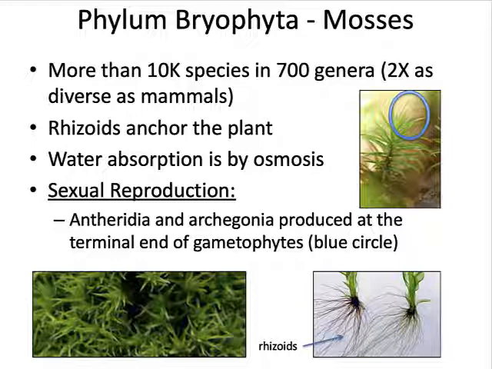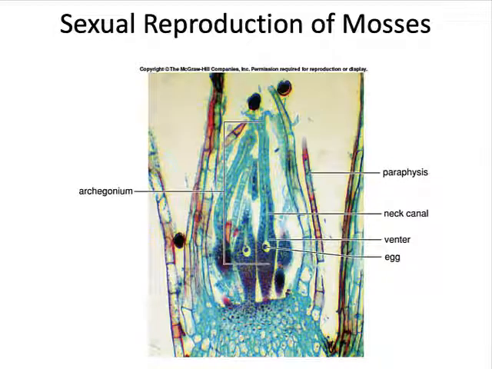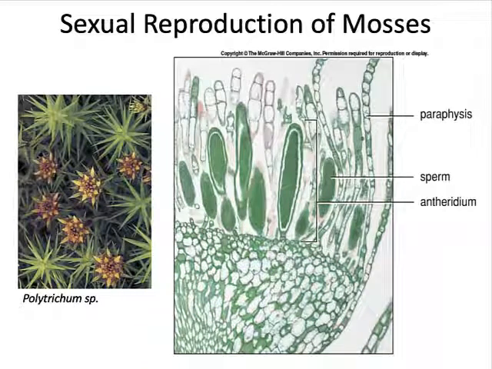Now, in order to do sexual reproduction, the mosses have antheridia and archegonia produced at the terminal end of the gametophytes. In this figure, it shows us the archegonium on a moss. So that is going to be the structure at the end of the gametophyte that produces the egg. In this figure, it shows us the antheridium that produces the sperm, again found at the end of the gametophyte of the moss.